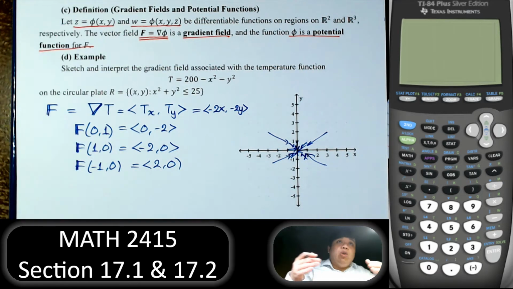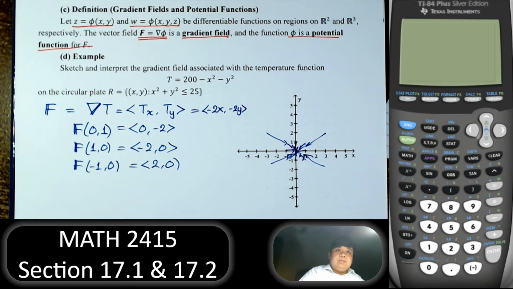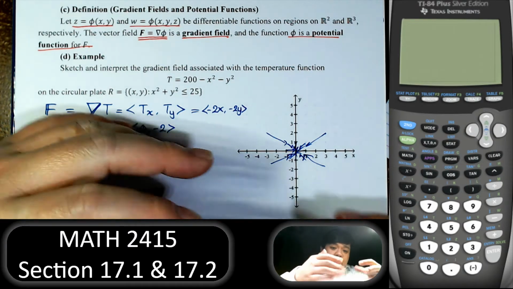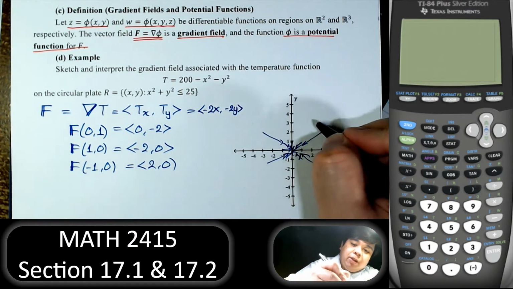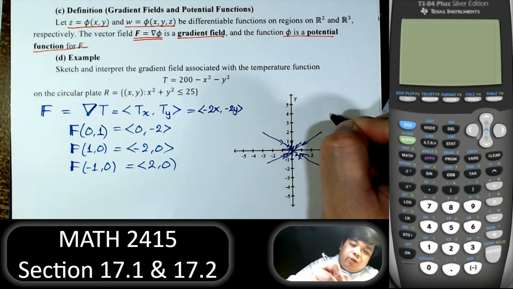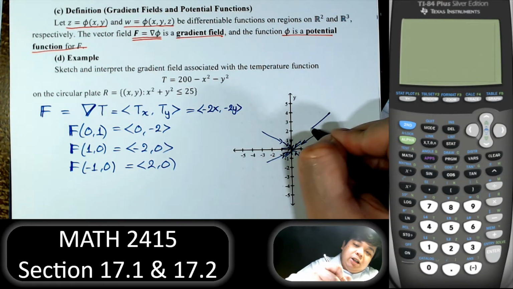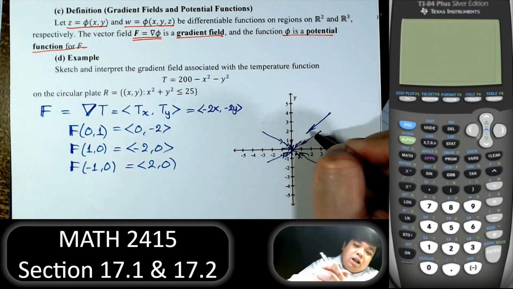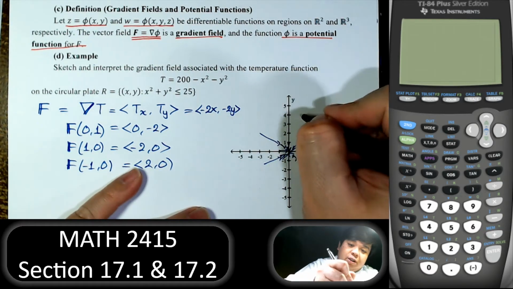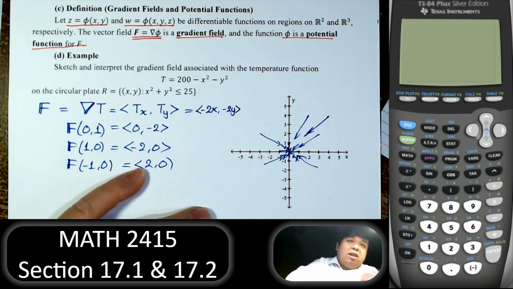Yeah. So it looks like everything will point into the center. What does that mean? The vector field all points toward the same place. For example, if we put in the point (4, 4), we have a vector that points inside. So the vector field points to the center.